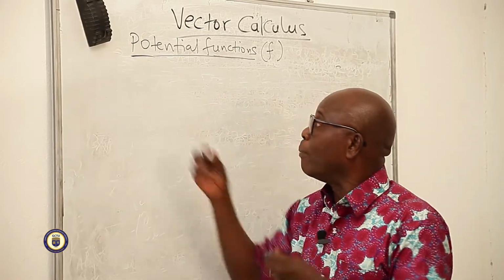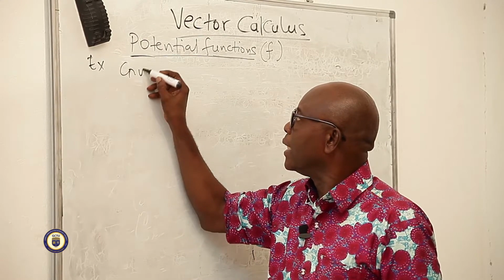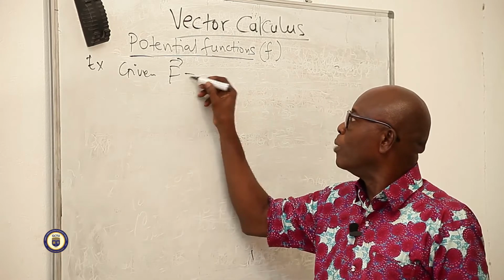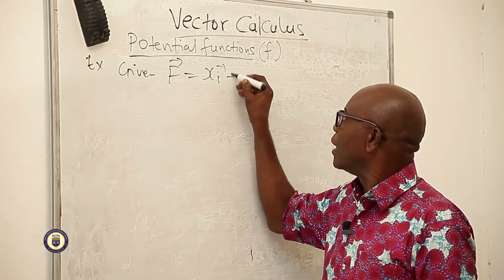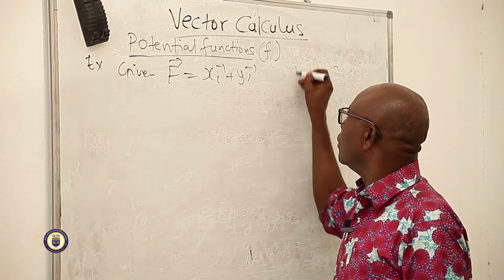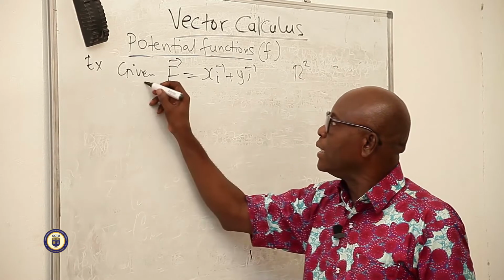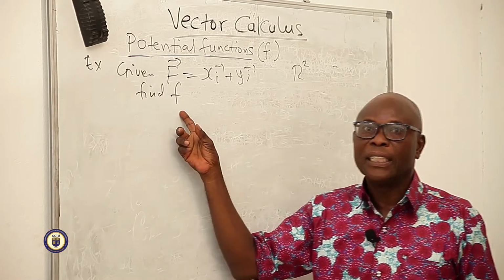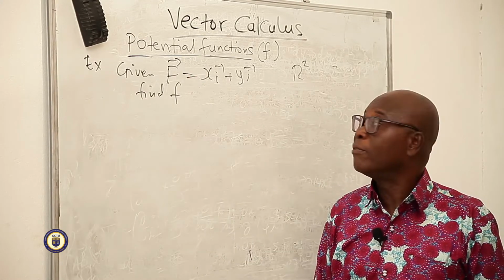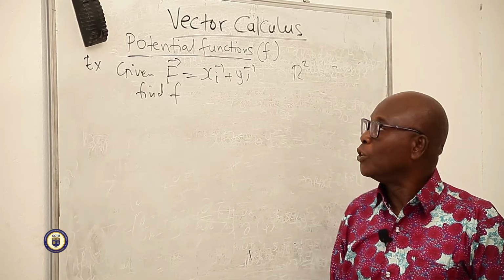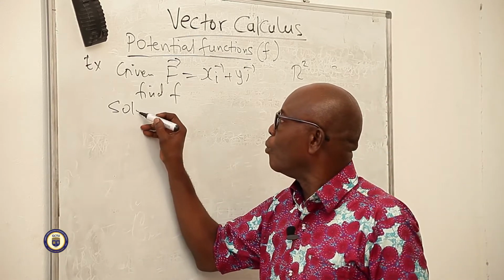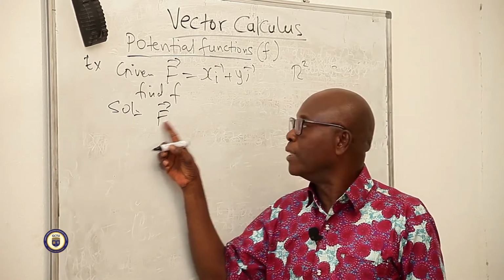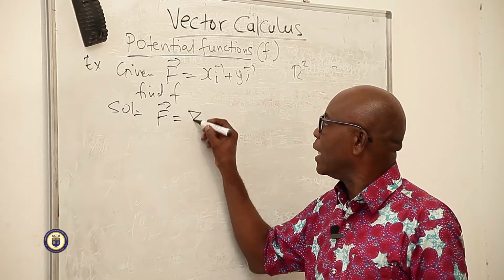So an example can be given: F, that is the conservative vector field, to be xi plus yj. This is in 2 dimensions. Find f, the potential function that generated the conservative vector function. To do that, we know that F, the conservative vector field, is the same as del f.